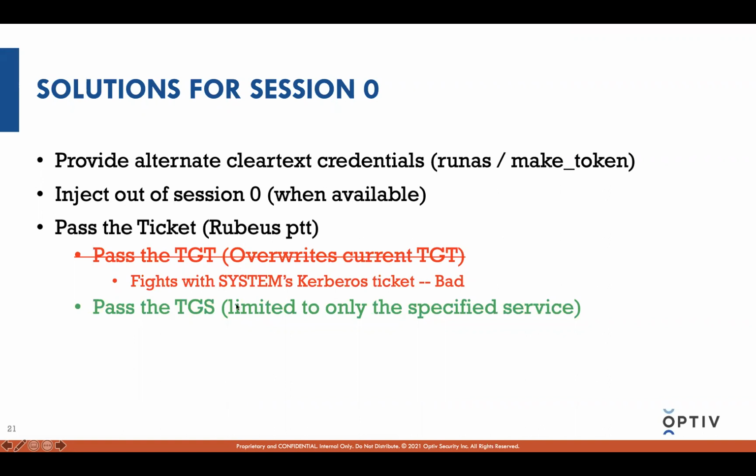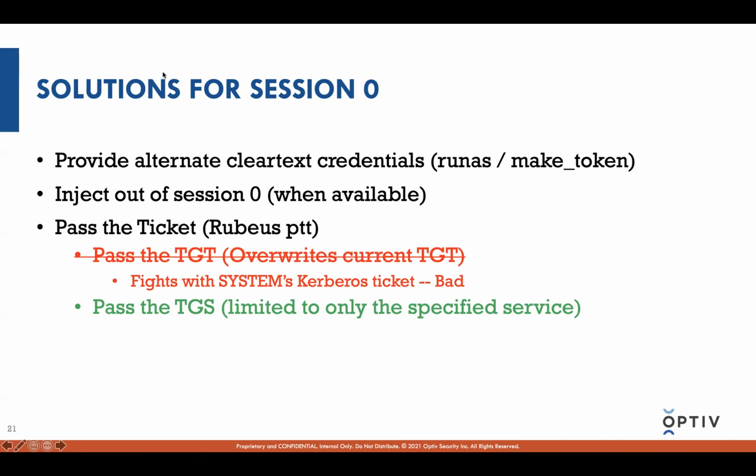I don't fully understand why that is, but something to keep in mind. And the solution is, okay, let's pass the TGS instead. You're limited to only the specified service when you do that, which kind of sucks, but you can still get access to the things that you need to, and you can request multiple TGSs if you have multiple servers you need to gain access to. So keep that in mind.